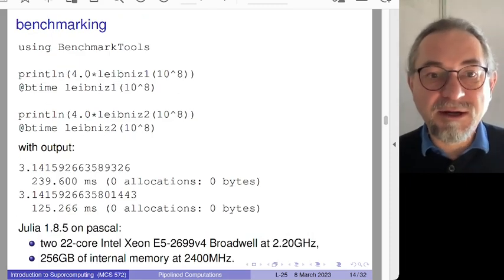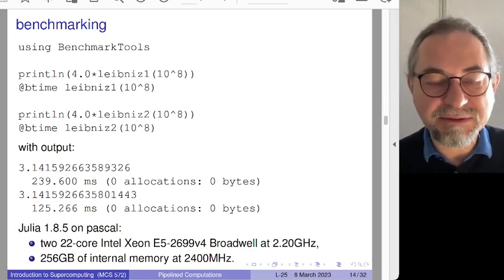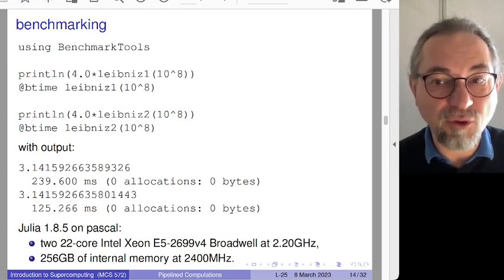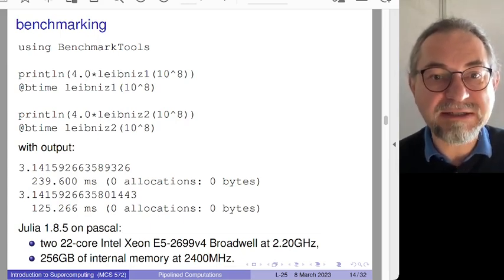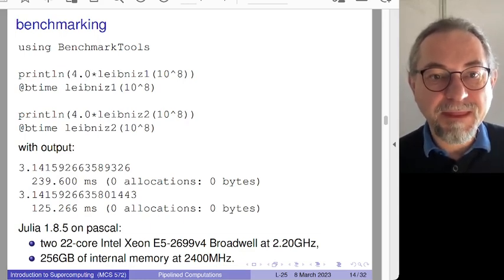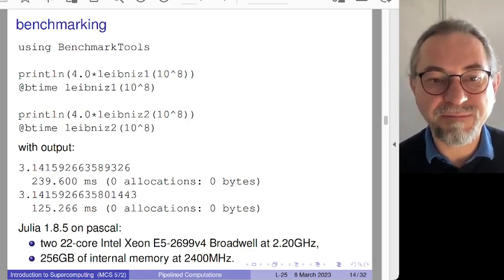Okay, benchmarking. So I'm doing this on our Pascal computer. And you can see that we have almost a twice speedup. So we go from 239 milliseconds to 125 milliseconds.